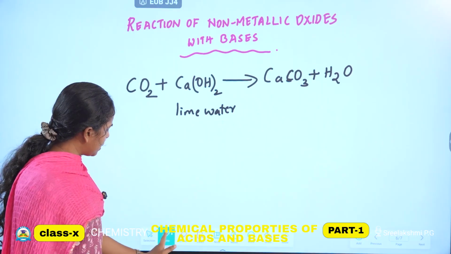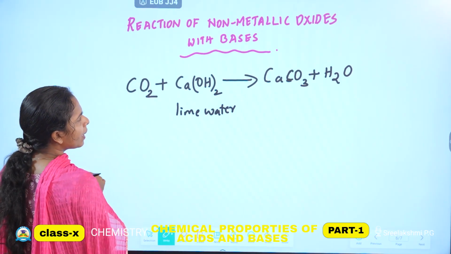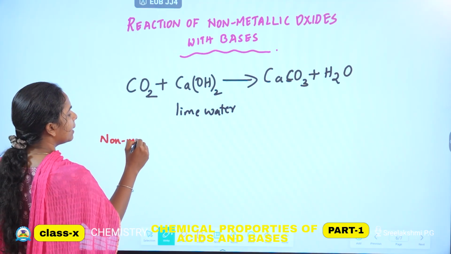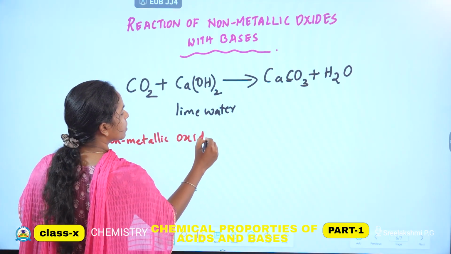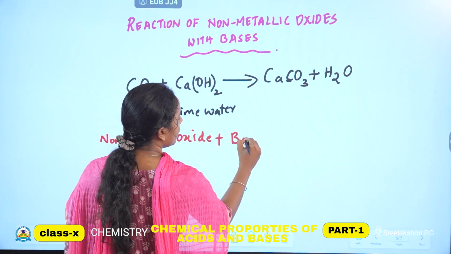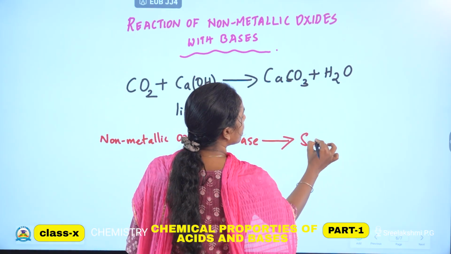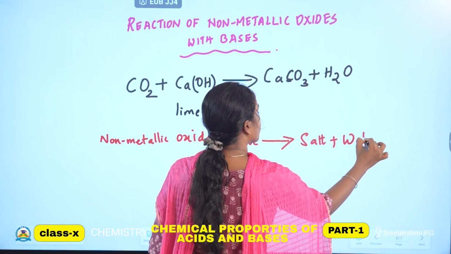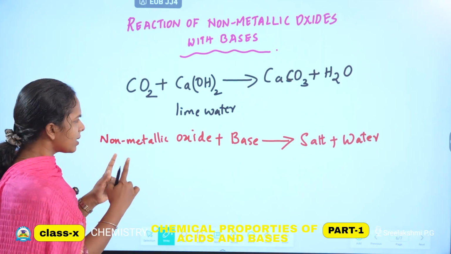We have already seen an equation like this. I'll just write it here. Carbon dioxide is a non-metallic oxide. Non-metallic oxide plus a base will give calcium carbonate, which is a salt, and along with that it produces water. We have studied one more equation just like this, right?